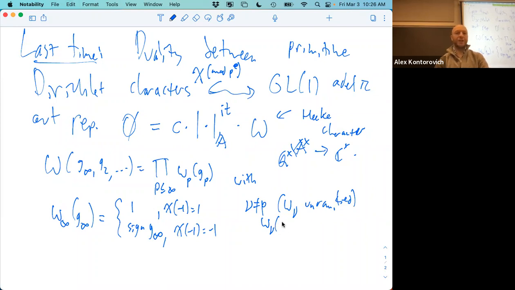All we need to know is what values it takes on nu to some power times an element u, where u is in the nu-adic units. And what we said is we would take chi of nu and raise it to the nth power.